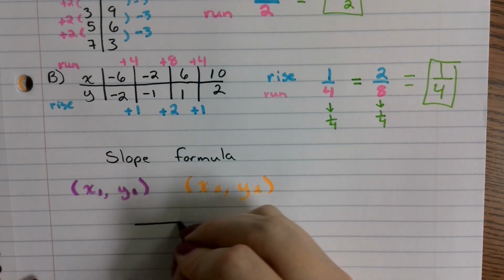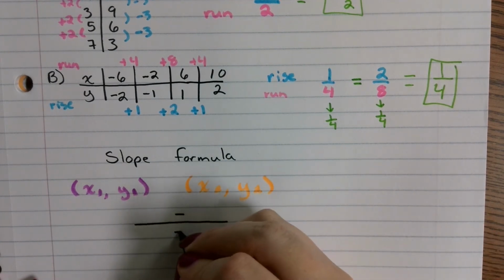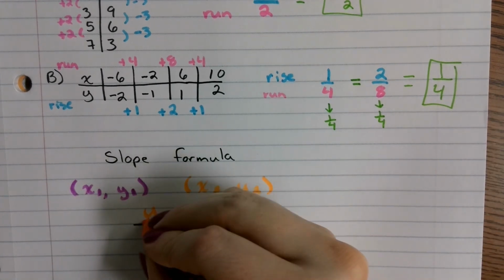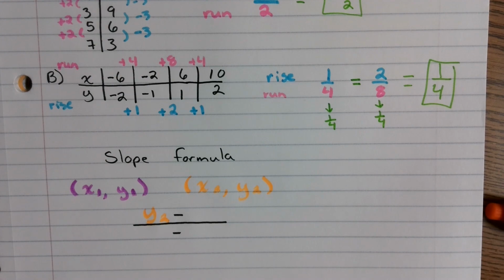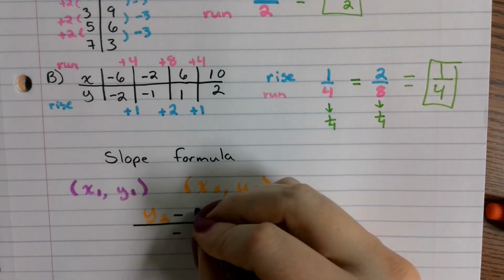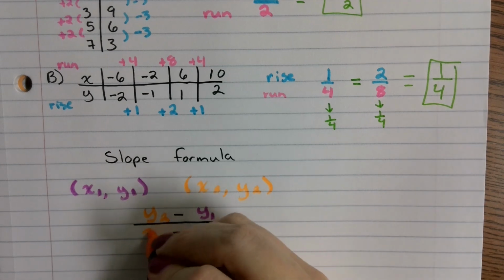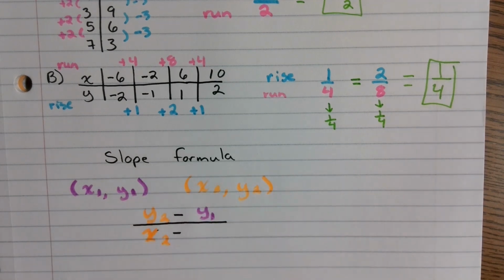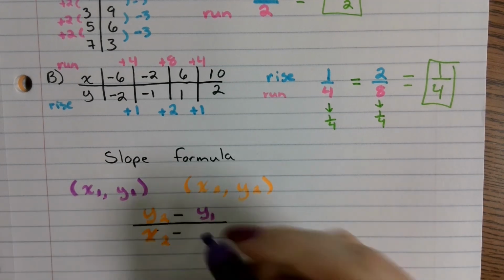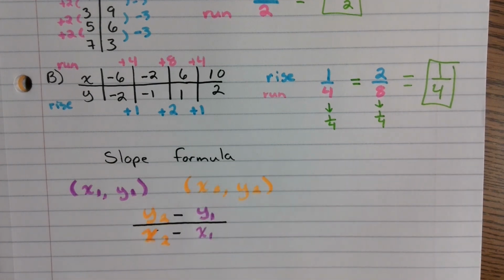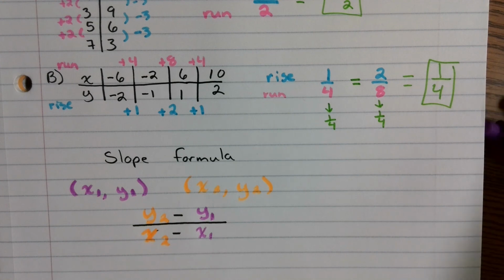And then the formula is to take y2 and subtract y1 over x2 minus x1. And the order that you subtract does matter because it will determine whether you get a positive or negative result.